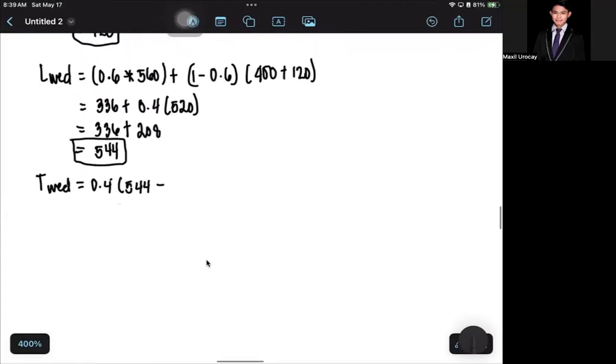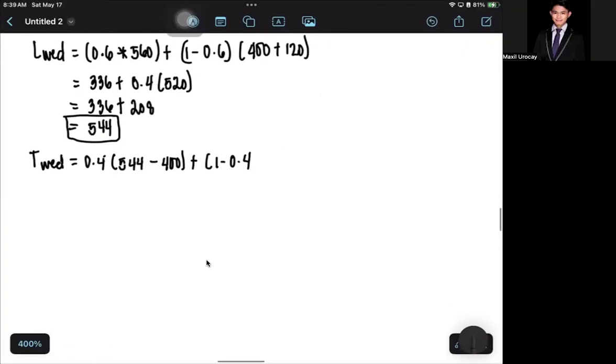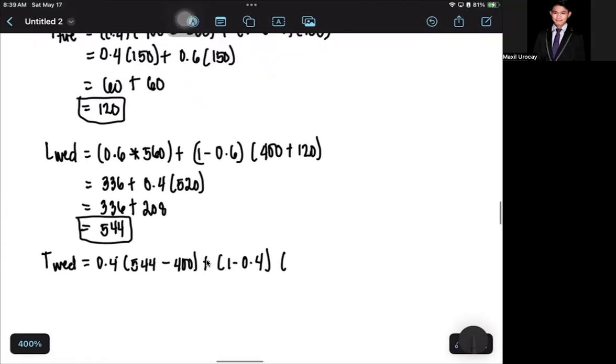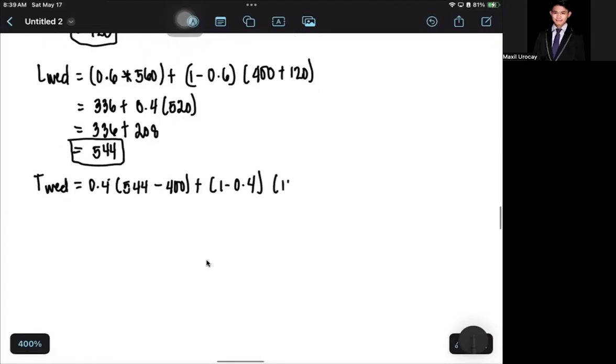The previous level is 400. And then plus 1 minus beta, and then times the previous trend. What is the previous trend? That is 120. Okay, so calculating that one, 544 minus 400, that is 144.